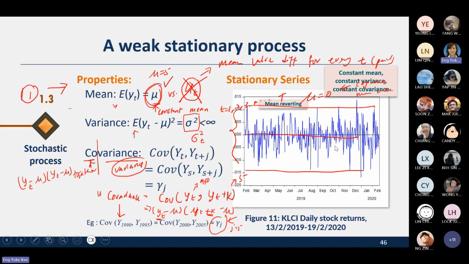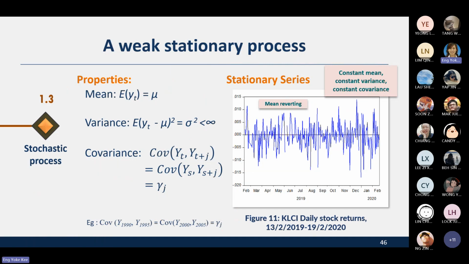So for weakly stationary process data, they will show this mean reverting pattern. Constant variance means what? The fluctuation will not go far away from this constant bound. Sometimes big, sometimes small, but it will not go far. Of course, if you see this constant bound, most likely the constant covariance will hold as well.